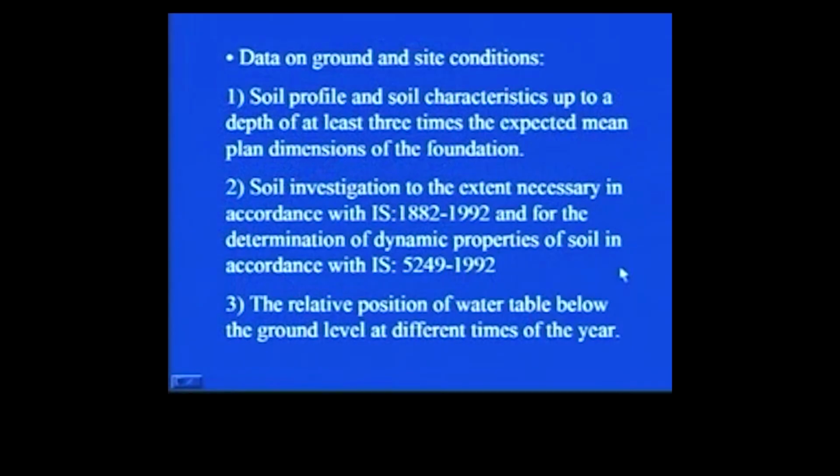For that particular strata, we must know exactly what the type of soil is and what the various soil investigations are that need to be carried out as per IS 1882-1992. And then when we were discussing the soil spring constant, all those constants also we must have before we go for the analysis and design of this block foundation as per IS 5249-1992.